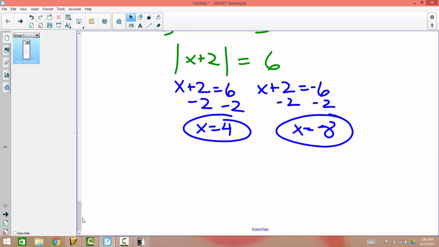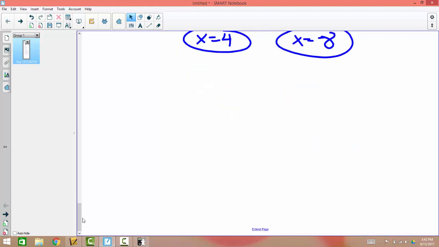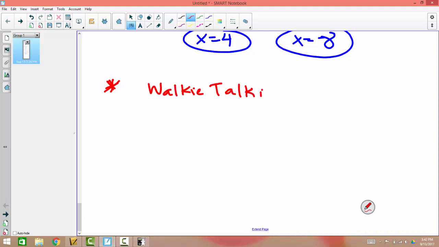We'll do an opening problem tomorrow. I'll give it to you right now if you want, with a story problem. So this is what we will start with tomorrow. My walkie-talkie has a range of 3 miles.